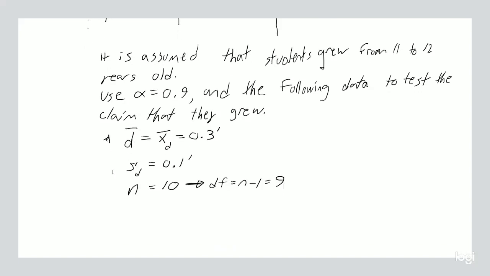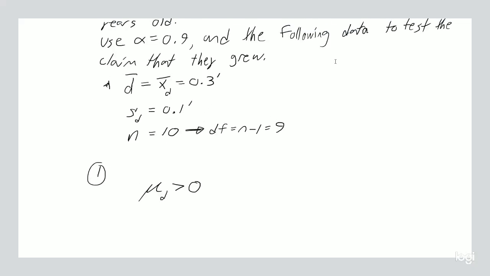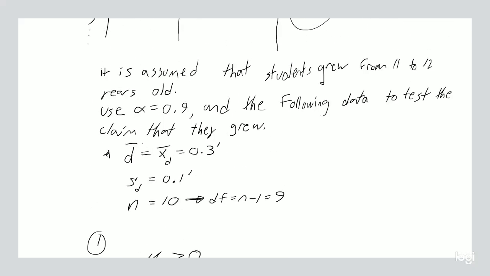Okay? So, step 1, state our null and alternative hypotheses and the claim. Well, so the claim is that the population mean of our differences is greater than 0, right? So it's assumed that they grew, test the claim that they grew.